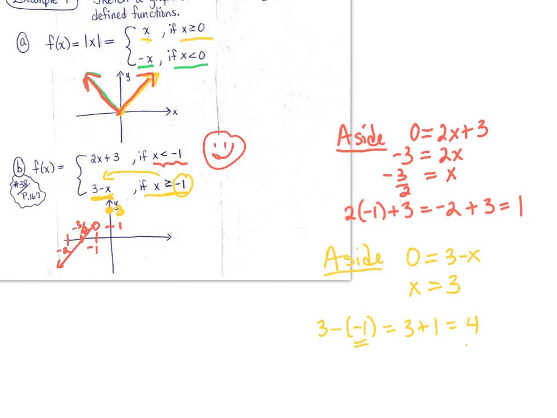So we'd have negative 1, 4 up here, and then we would have 3 here, and that's the graph.